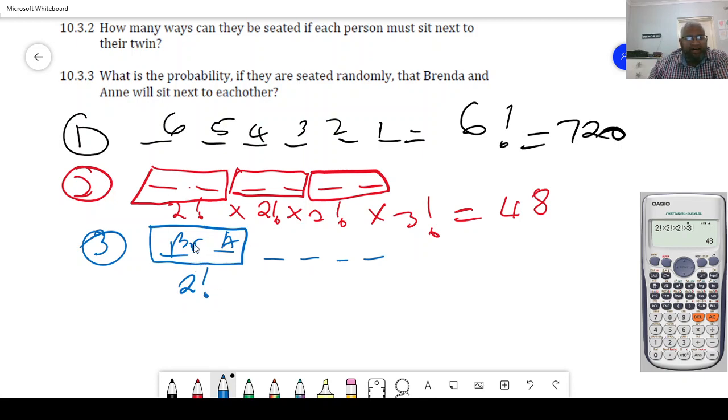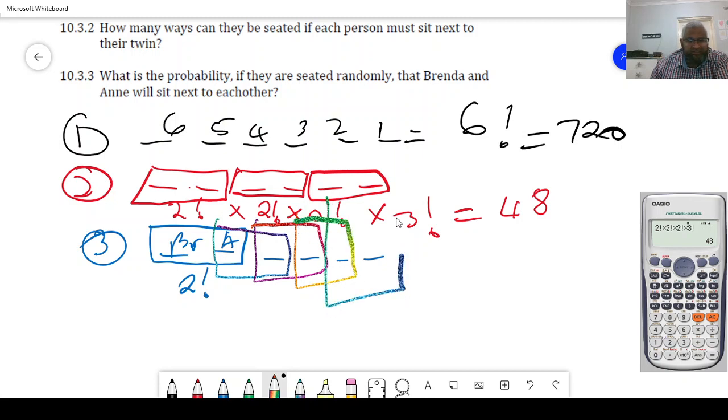However, they can sit at that seat, so it's 1, 2, they can sit on those 2 seats, 3, 4, 5.